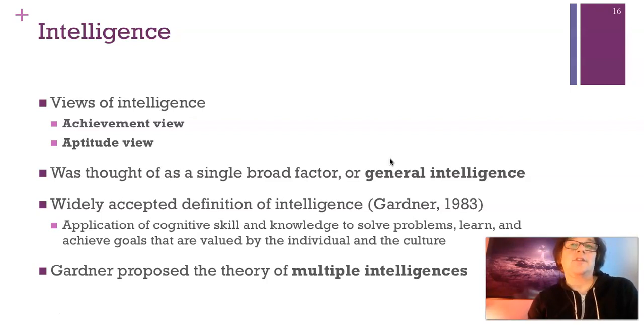So we can define intelligence as being associated with educational attainment, so how much knowledge a person has acquired, say relative to other people who are their same age. I mean, that's really what the IQ, intelligence quotient, really was all about, was comparing people's intellectual abilities based on their age.